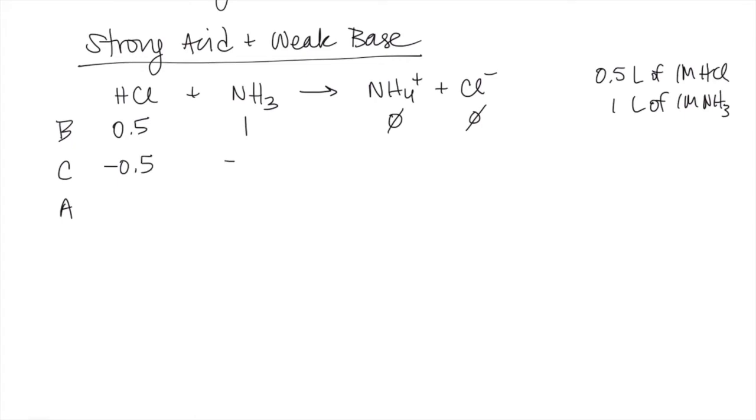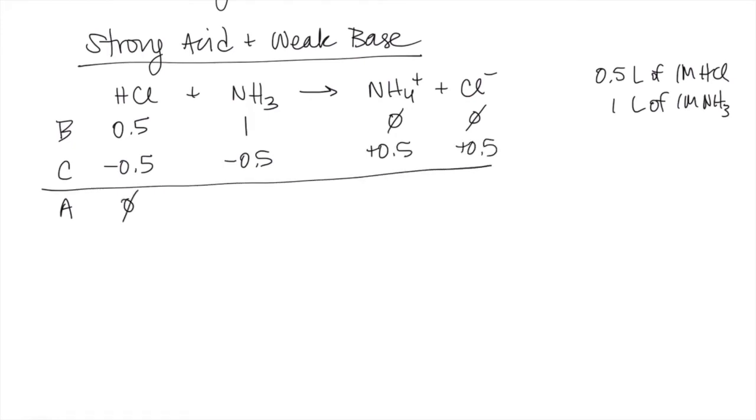We're going to react stoichiometrically, so we use up all of the HCl. We end up with no HCl left, but we have half a mole of NH3 left. Notice we also have half a mole of NH4+ and half a mole of Cl-. Now that I've got to the end of my BCA table, I have to interpret what matters.